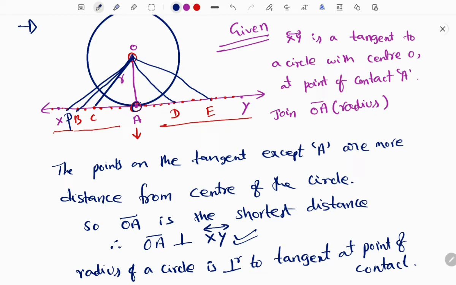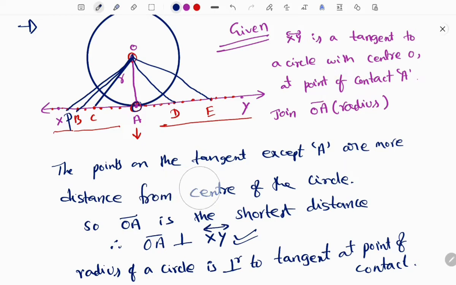I hope you all understood this. Here the given information is XY is the tangent to a circle with center O, at the point of contact A, join OA. OA is the radius. Suppose you take any point on the tangent except A. All are located at more distance from the center of the circle.